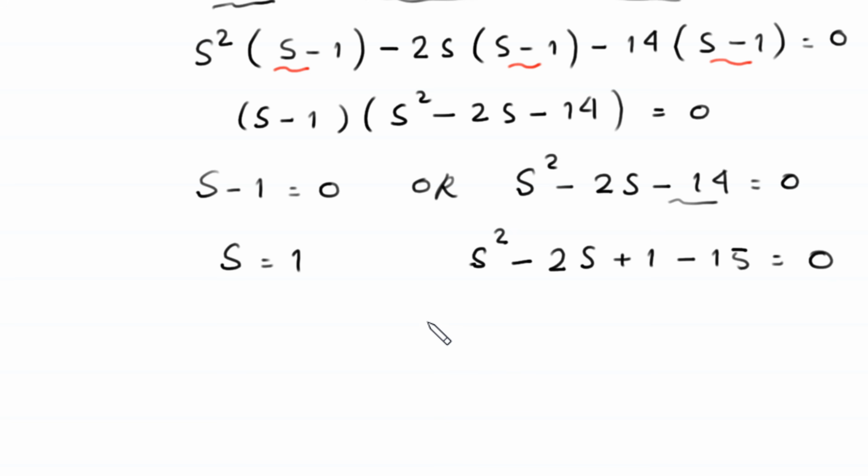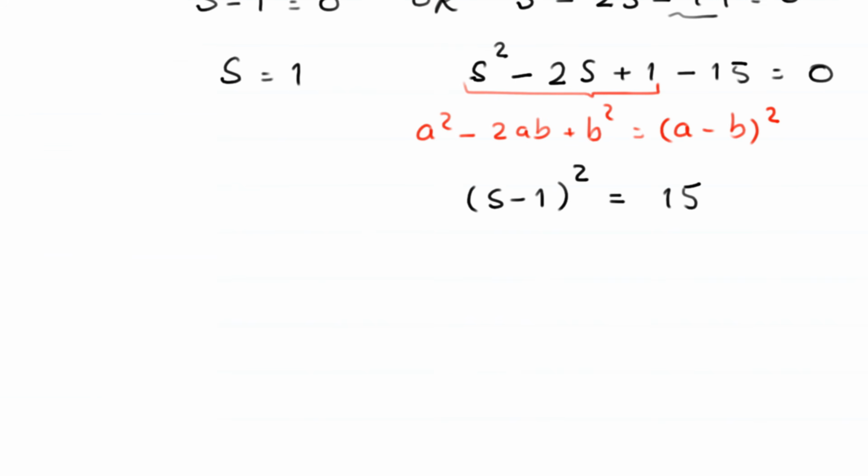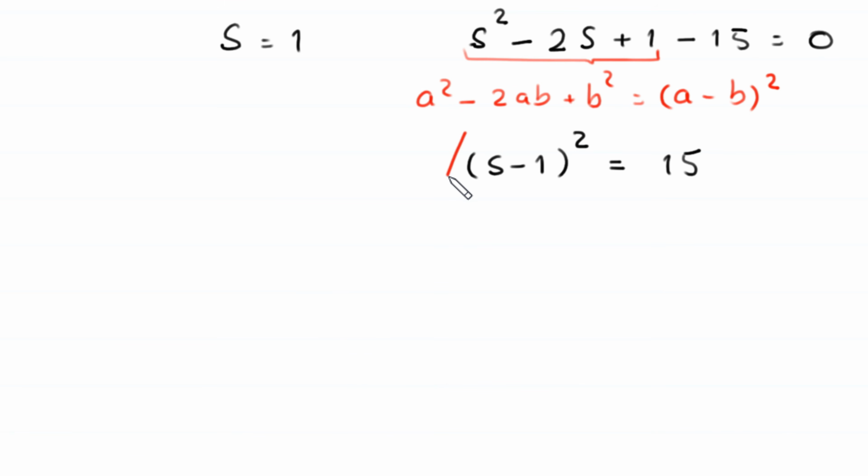By using this algebraic identity, a squared minus 2ab plus b squared equal to a minus b whole squared, this s squared minus 2s plus 1 will become s minus 1 whole squared equal to this negative 15 will become positive 15 at the right hand side. Now we take a square root of both sides.